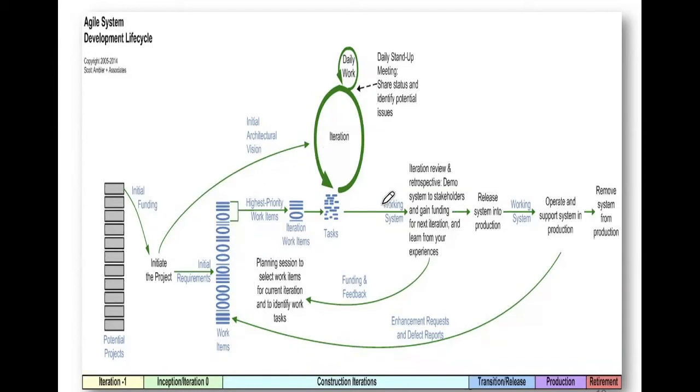And you're actually delivering that to your customer and demonstrating it to them. And of course, that means now that the customer has something tangible that they can give feedback on.